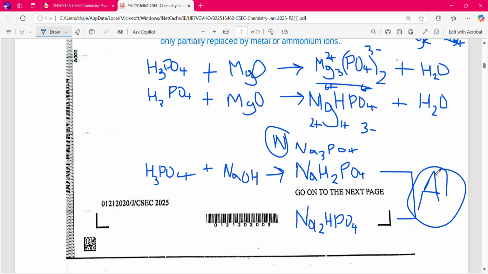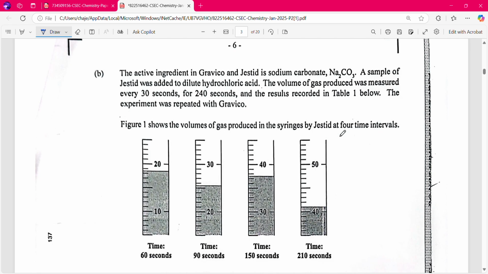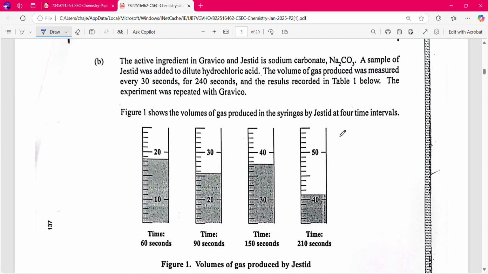Does anybody else want me to do another example, or we're okay with this? Continuing, it says the active ingredients in Gravico and Gestid is sodium carbonate, Na2CO3. By the way, what is the chemical formula for sodium bicarbonate?